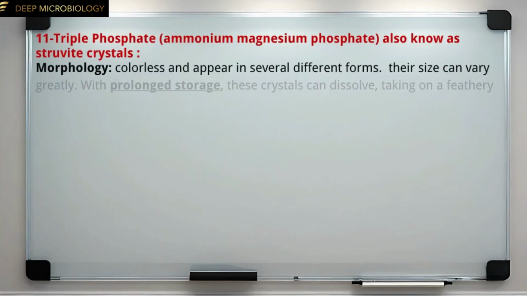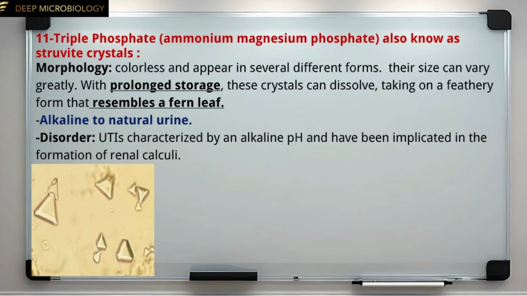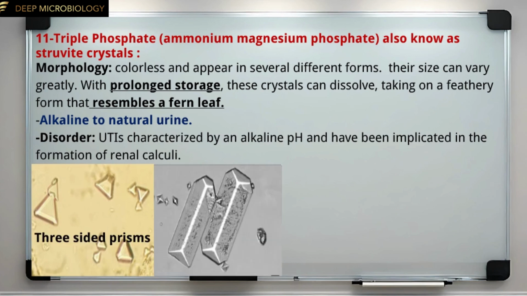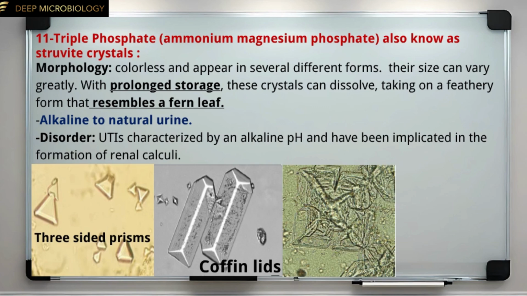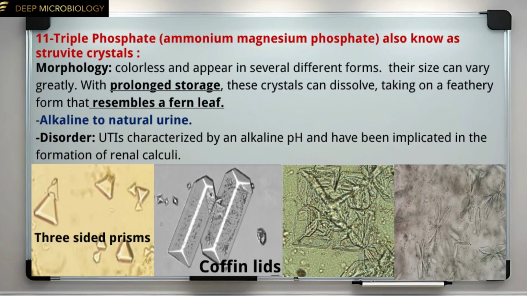11. Triple phosphate, ammonium magnesium phosphate, also known as struvite crystals. Morphology: colorless and appear in several different forms. The most common and characteristic forms are 3 to 6-sided prisms with oblique terminal surfaces, the latter described as coffin lids. Their size can vary greatly.